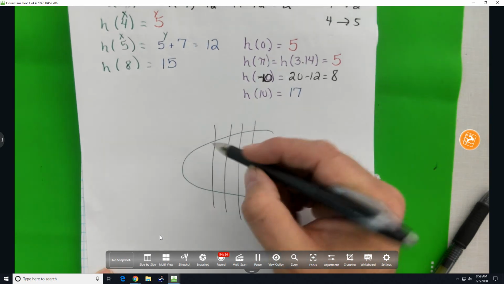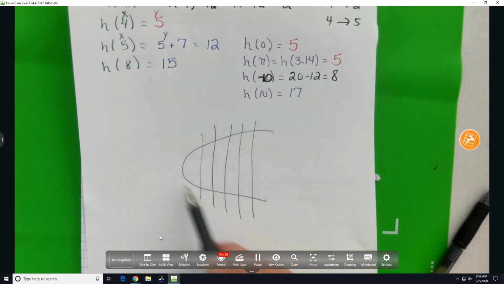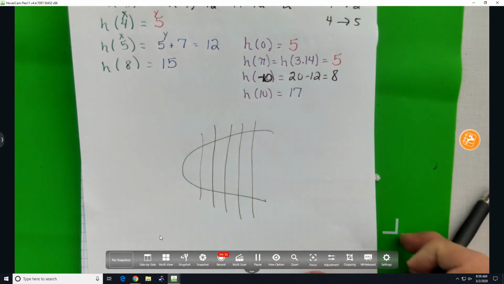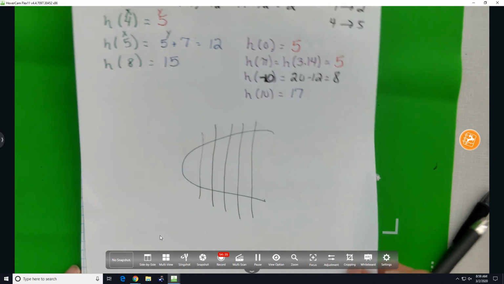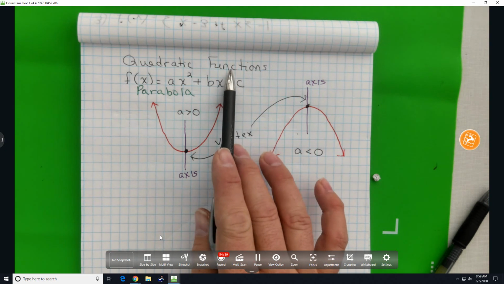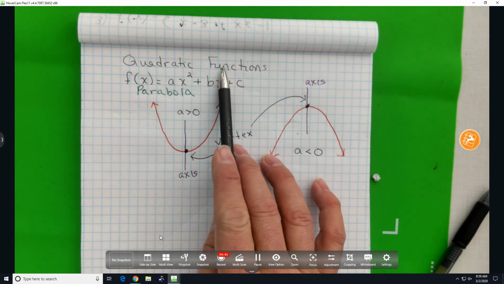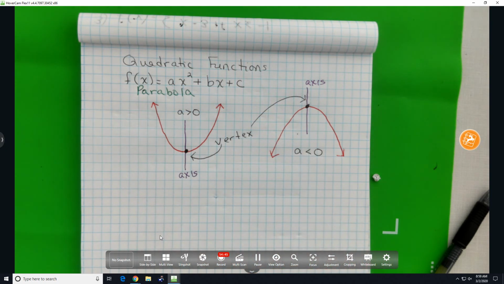No. There was a homework problem in the last assignment where there was a curve like this, and it asked, is it a function? And you used the vertical line test to say no. So we're only looking at functions from here on the rest of the semester. So that's why it's only opening up or down.